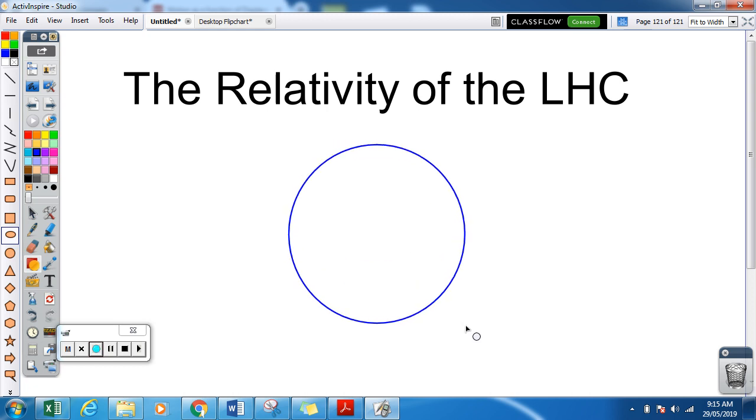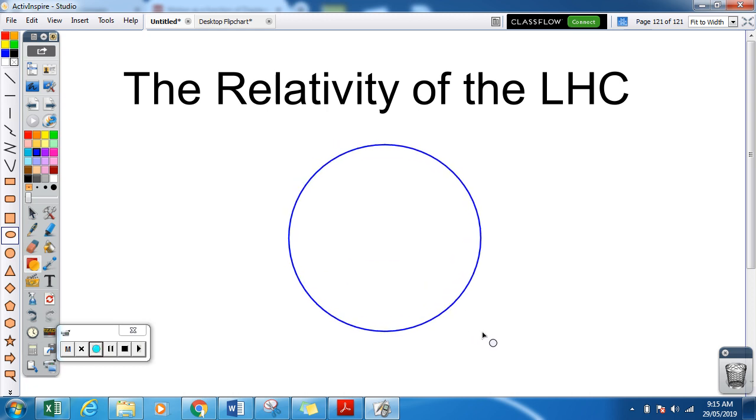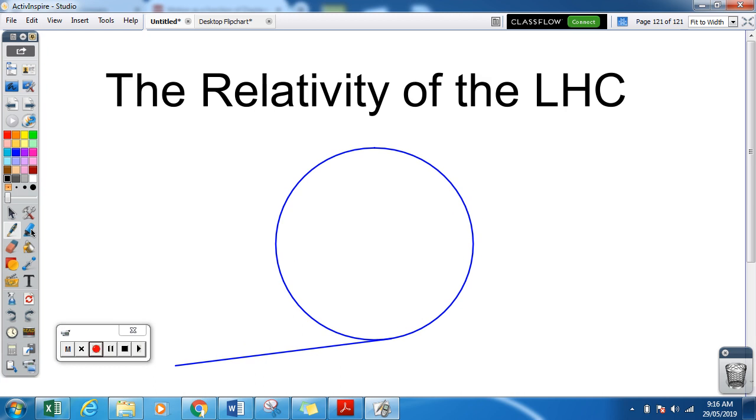We're going to pretend or just assume that the LHC is a massive circular collider, and into this collider we are going to place another source of protons that have been already accelerated.